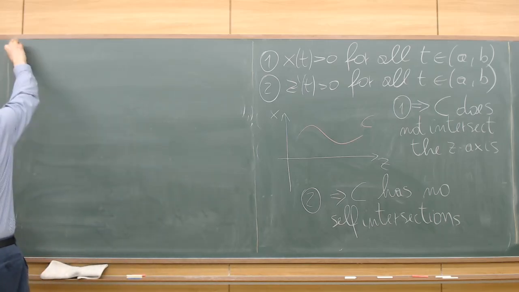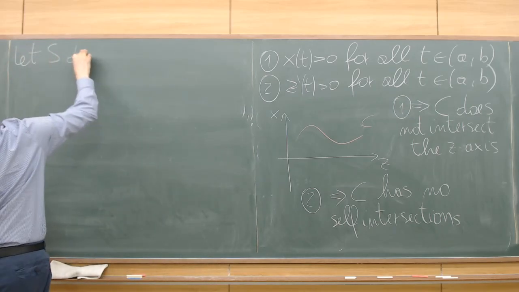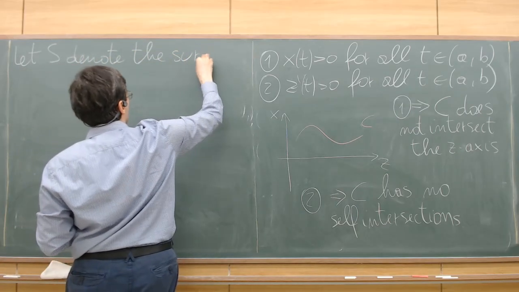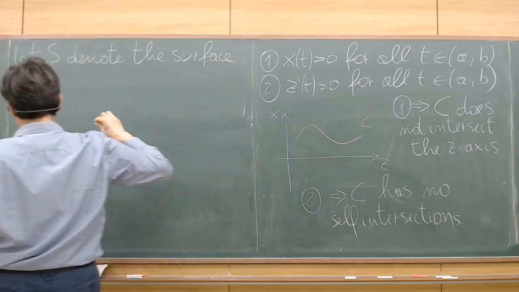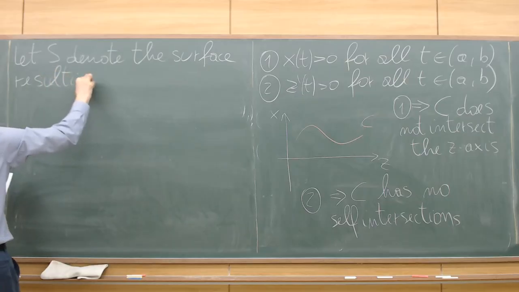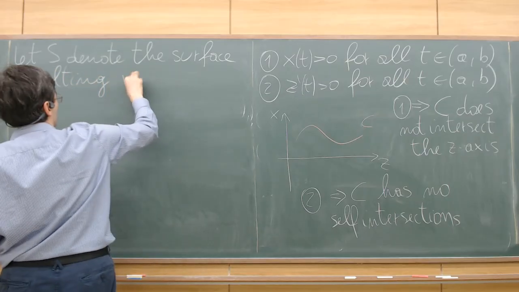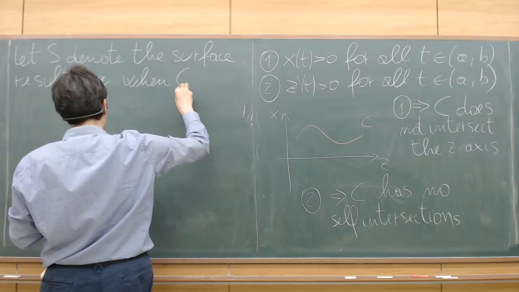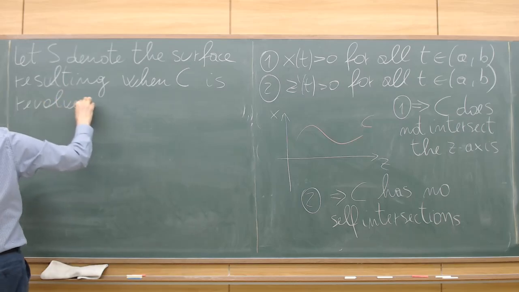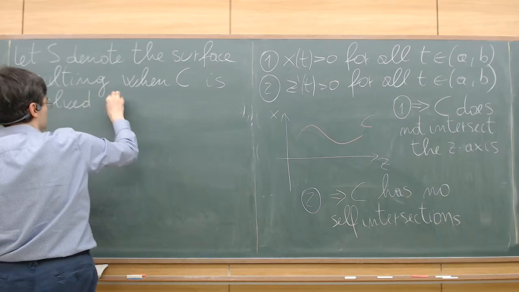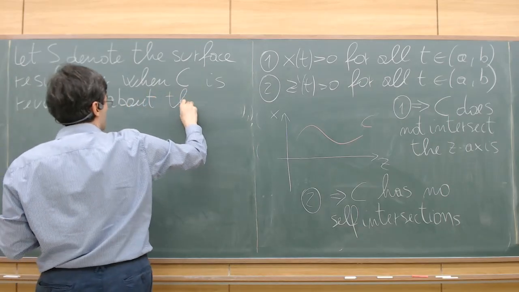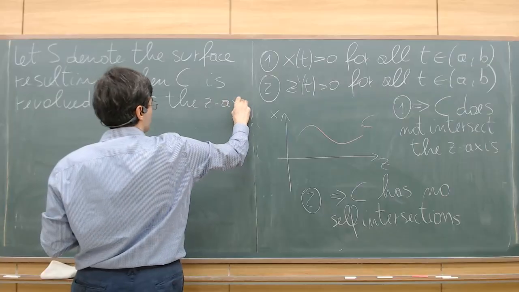And let S denote the surface resulting when C is revolved about the z-axis.